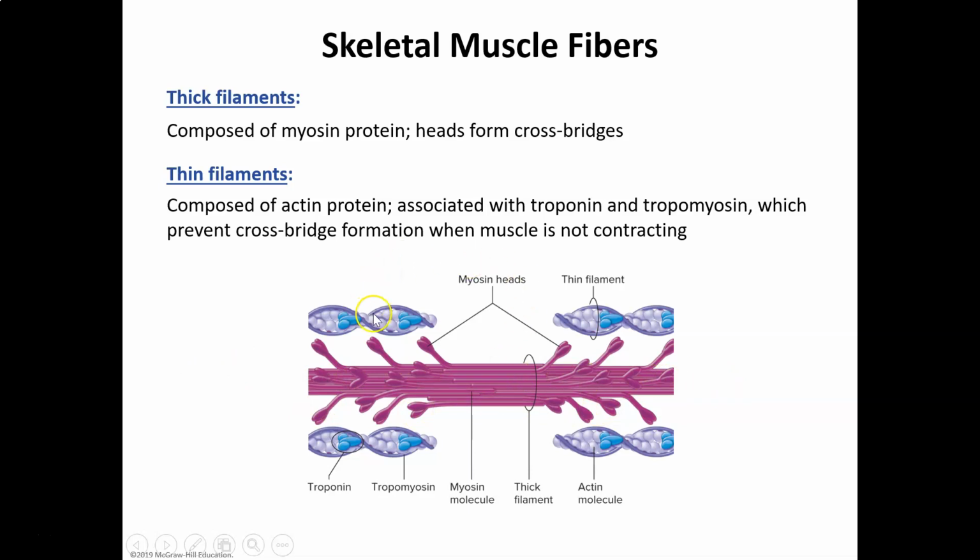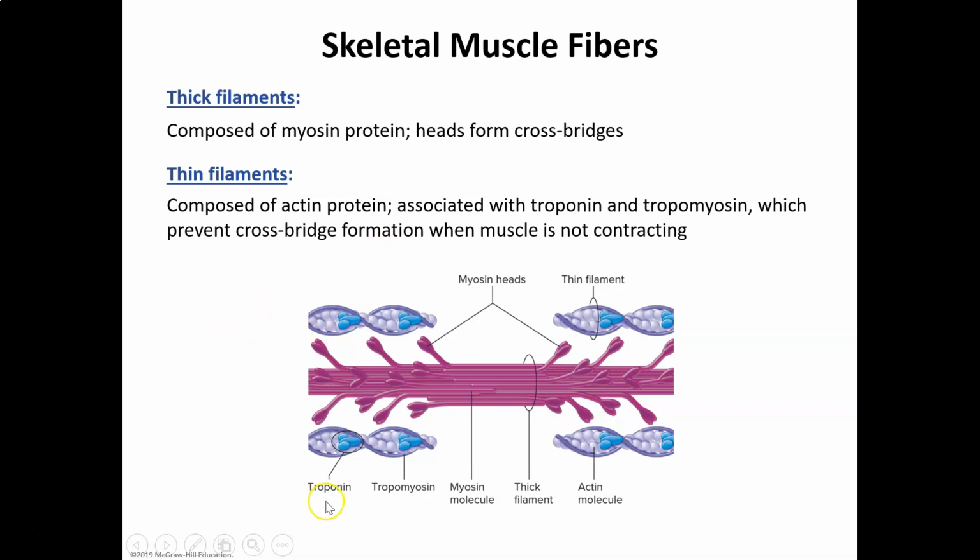The thin filament is up here. The thin filament has 3 proteins that you need to know about. Here are those 3. Actin is the primary one. You probably already heard of that. This little ball-like structure is an actin globule. So we put a bunch of actin molecules together, we get part of the thin filament.